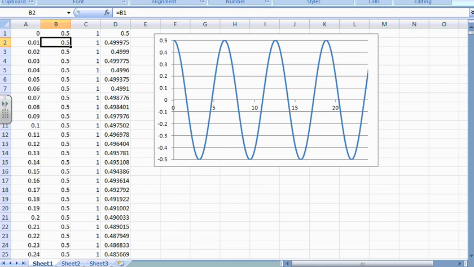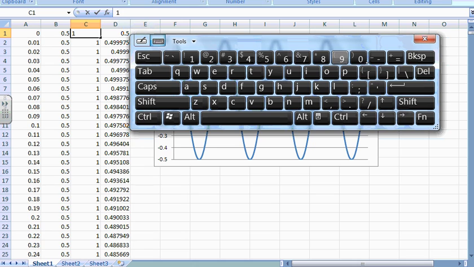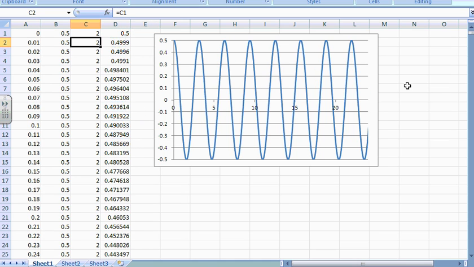Okay? So I'm going to take this omega value and double it. And what you'll see is instead of 1, 2, 3, 4 peaks, you'll get twice as many, 8, maybe 9, because we have half of a peak there. So I'm going to double this to 2, and you get more peaks.